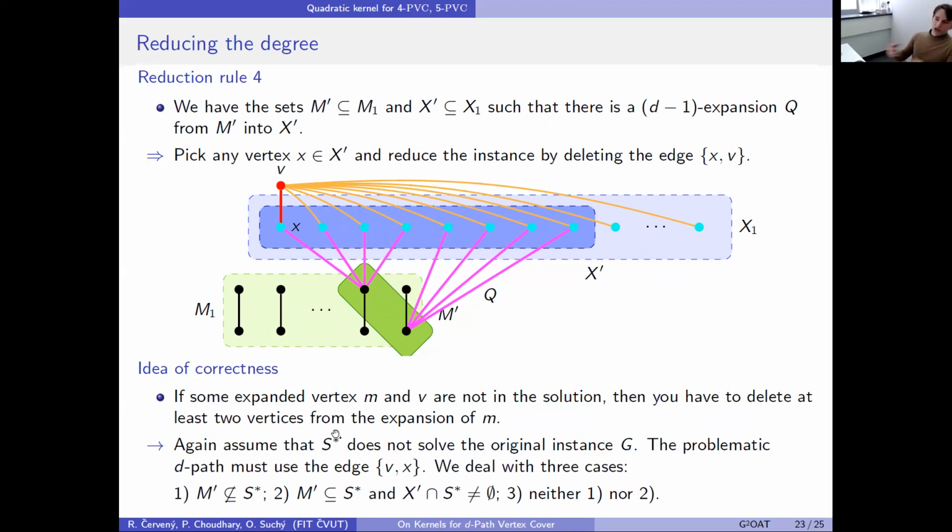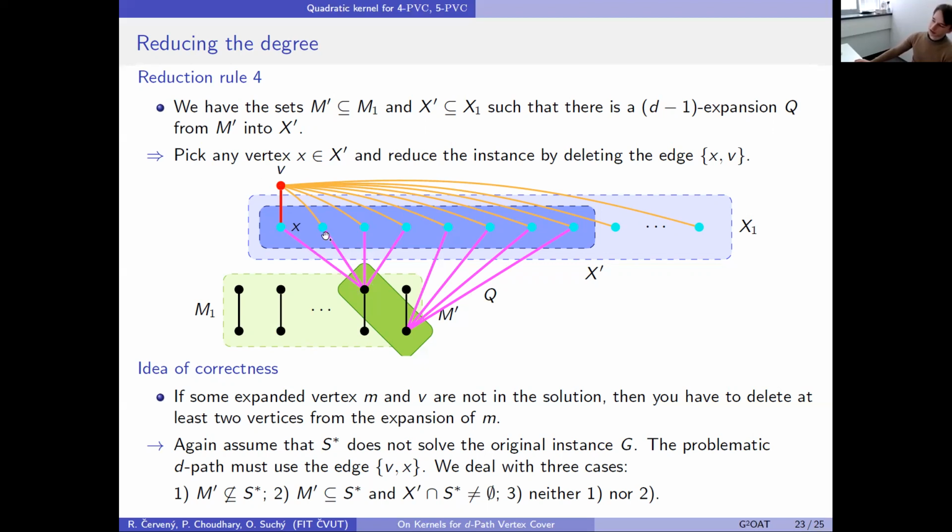We again assume that we have in our hands some solution S star, which is not a solution to the original instance. Hence, there must be a d-path in G minus S star. And this d-path must use this edge. Then we go over these 3 cases, where the solution S star does not contain whole M prime. In that case, if let's say this vertex is not in the solution S star, then we know that V also is not in the solution, because the problematic path appeared at this edge.